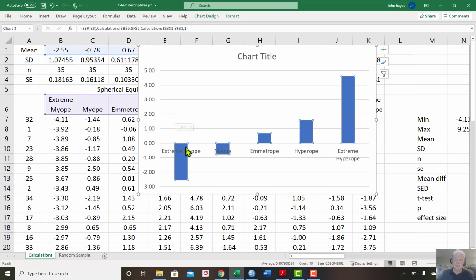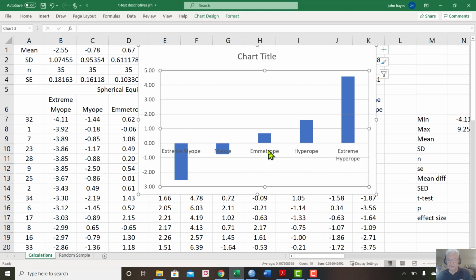And now we have the means of emmetropes, myopes, or extreme myopes, emmetropes, hyperopes, and extreme hyperopes. So see how these guys are in the middle here? We don't really care for that too much. So I'm going to click on the axis here. So it's highlighted. See, click.